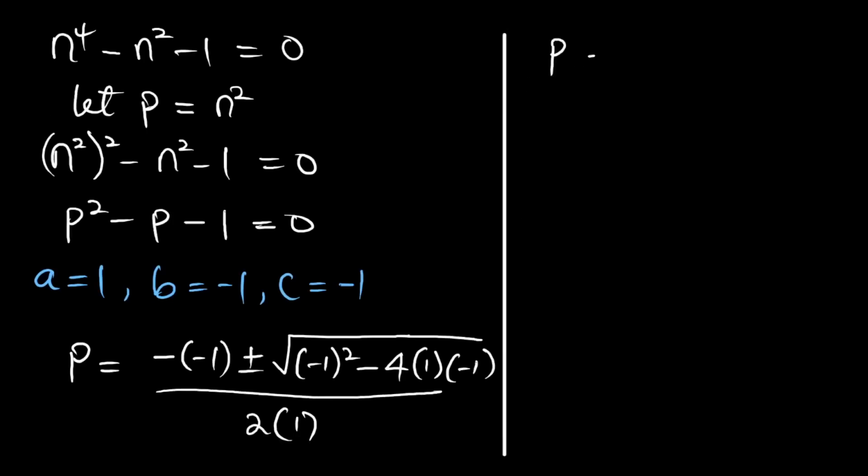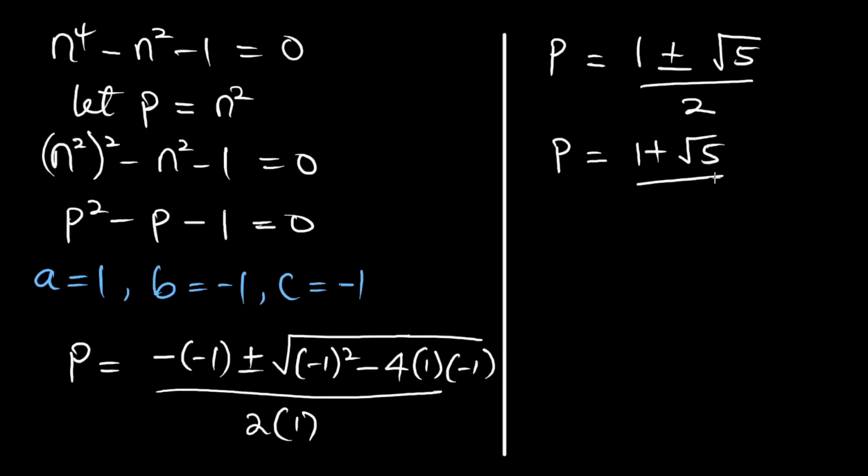So if I simplify this, I'm going to have that p is equal to 1 plus or minus, this is 1 plus 4, so root 5 all over 2. Now I have here that p is equal to 1 plus root 5 all over 2, or another solution for p can also be 1 minus root 5 all over 2.